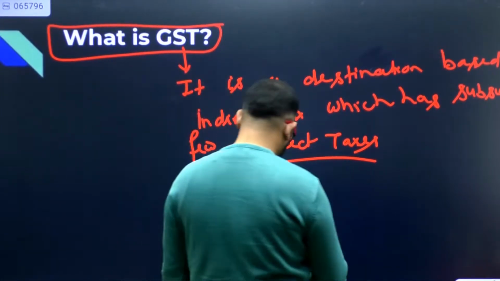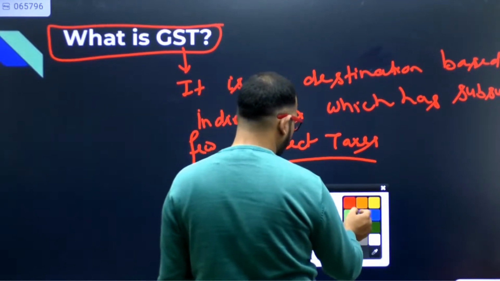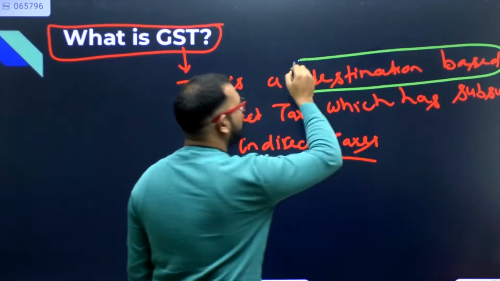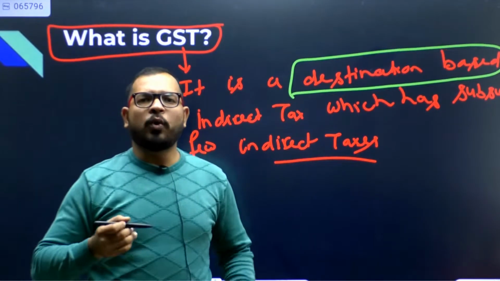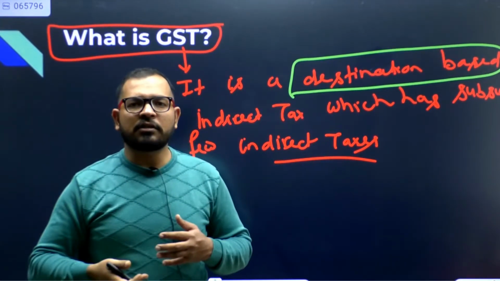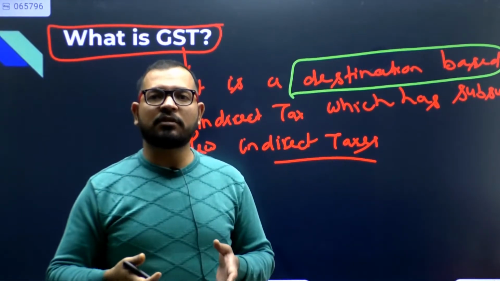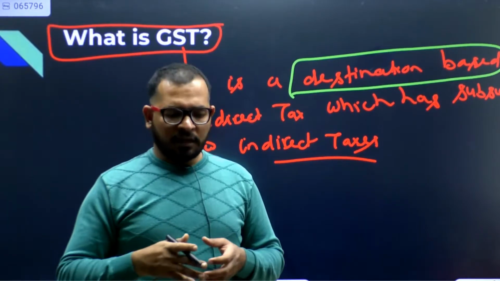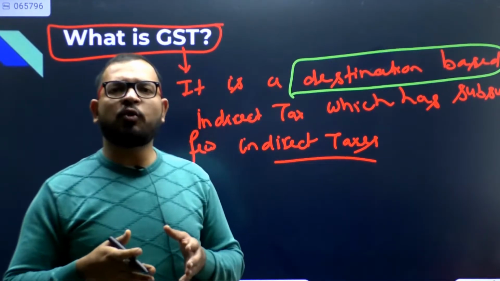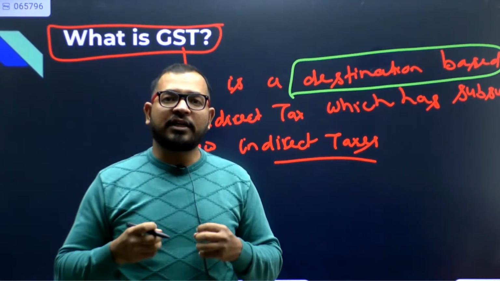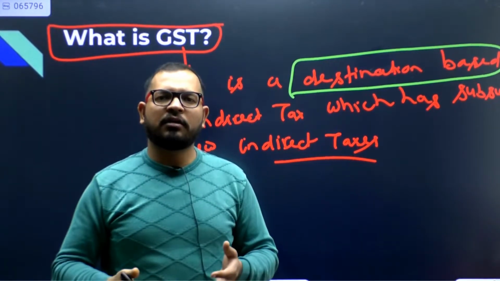Now what is a destination based tax? Destination based tax means where is the consumption. Let's say one scoop of ice cream is being consumed here in Noida, so the tax has to be paid in Noida.